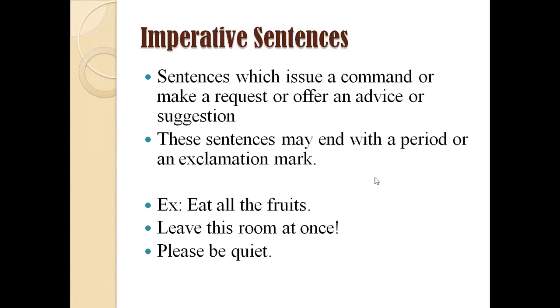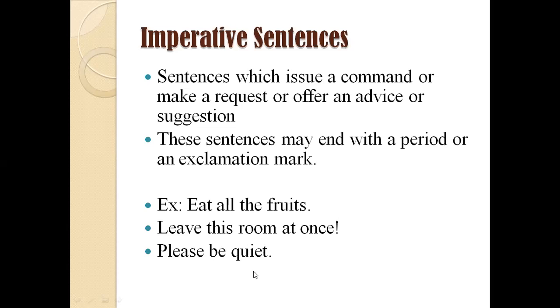Eat all the fruits. So that is an order. Somebody is telling you, eat all the fruits. They're ordering you to eat the fruits. So that is an imperative sentence. Leave this room at once. See here, it was ending with a full stop. And here, this imperative sentence ends with an exclamation mark. Okay, leave this room at once. It is an order, right?